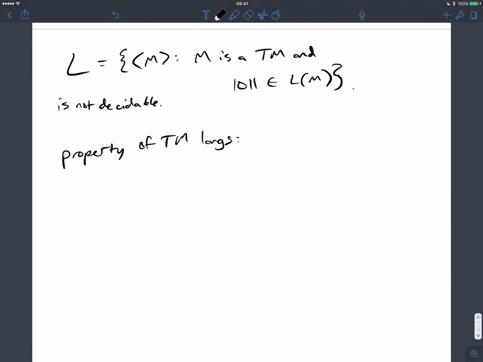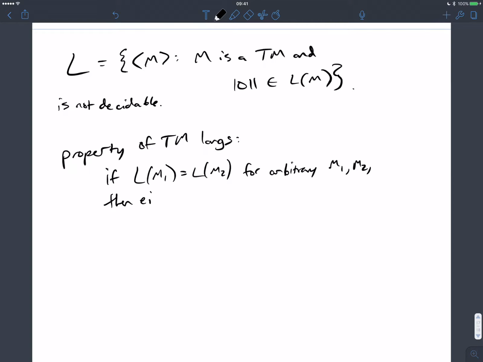Well, I have to show you have two arbitrary machines with the same language. So if L of M1 equals L of M2 for arbitrary M1, M2, could it be the case that M1 is in L and M2 is not? No, because they have the same language.